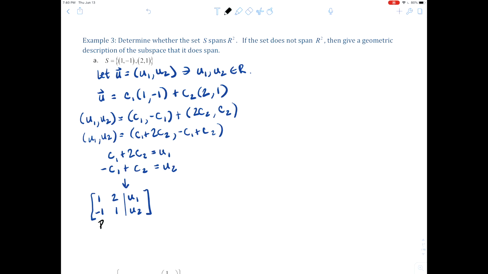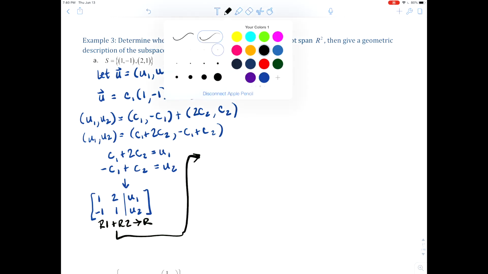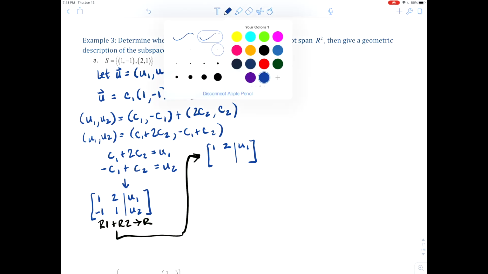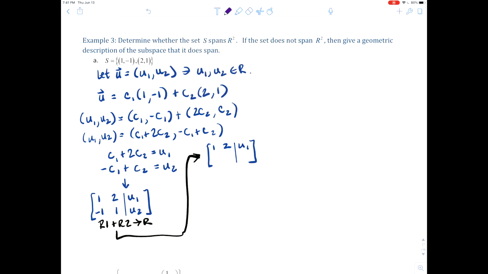So if we just add row 1 plus row 2 for a new row 2, that'll make it happen. That'll give us 1, 2, U1, and then for our new row, 0, 3, U1 plus U2.